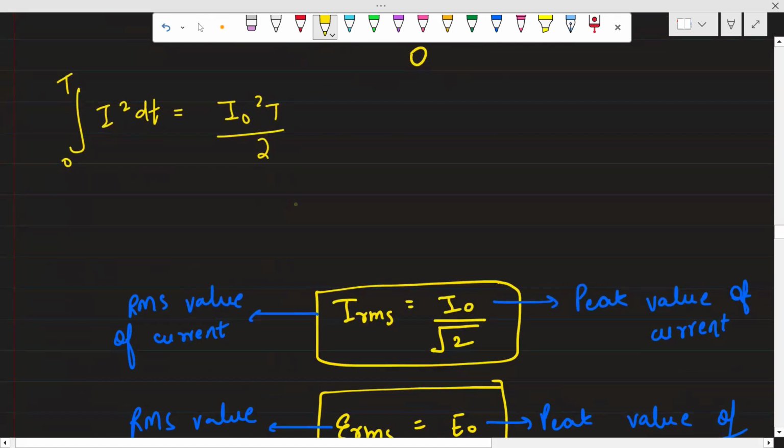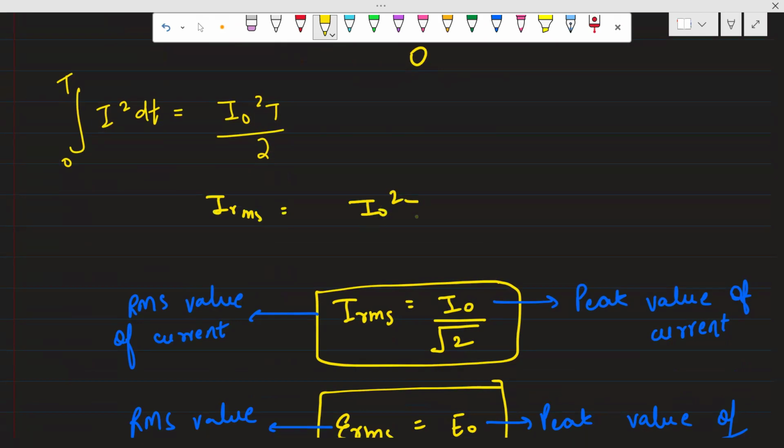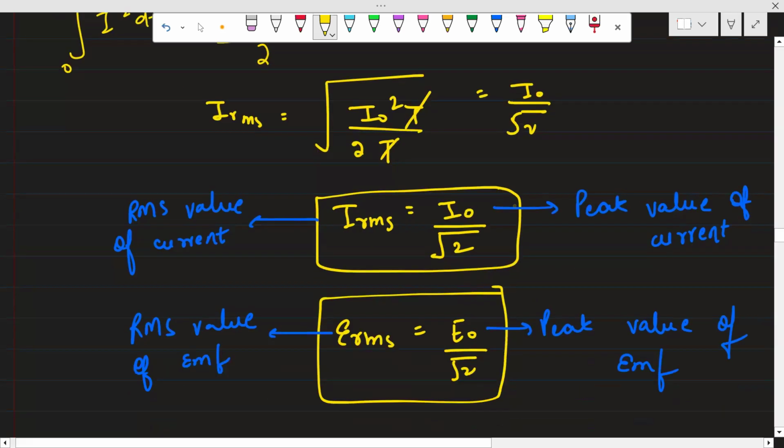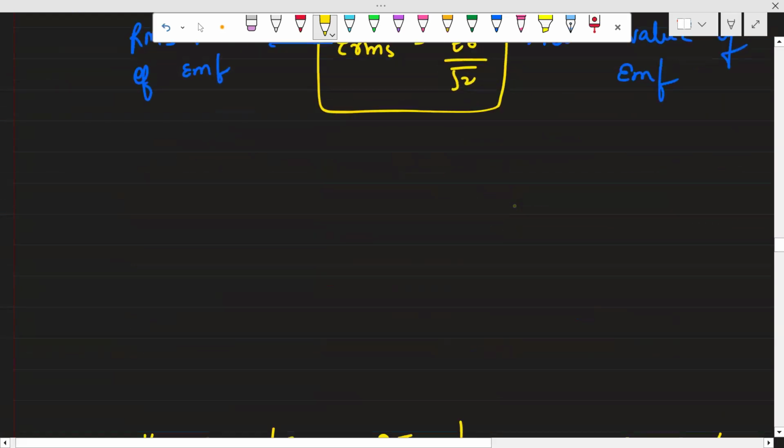So let's put it in IRMS: I naught square T by 2 divided by T, with an under root. Only these two things are missing, capital T and the root. That will make it I naught by root 2. Similarly, for ERMS, you can calculate peak voltage by root 2.